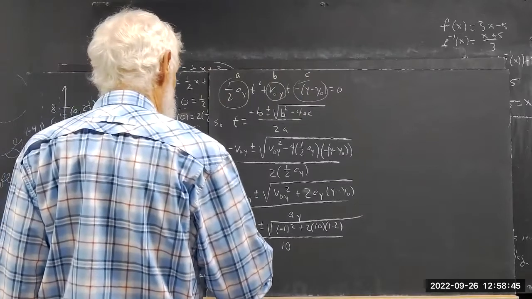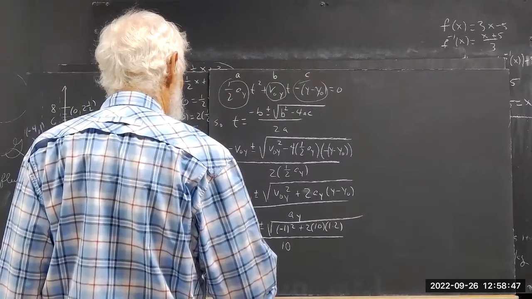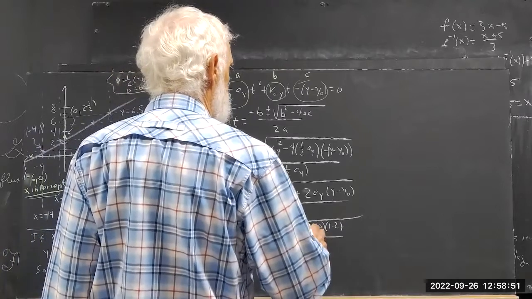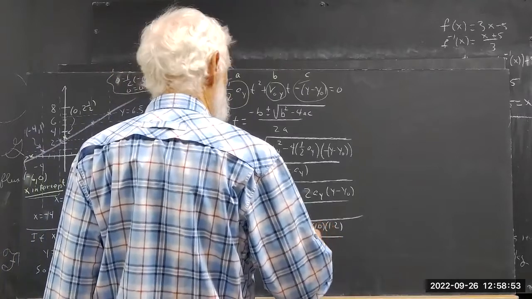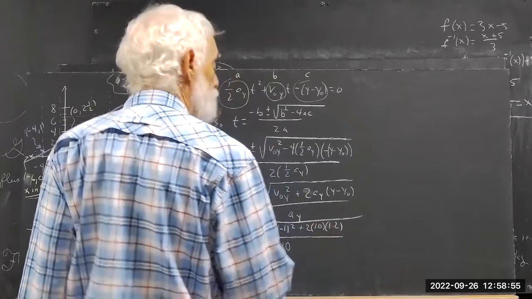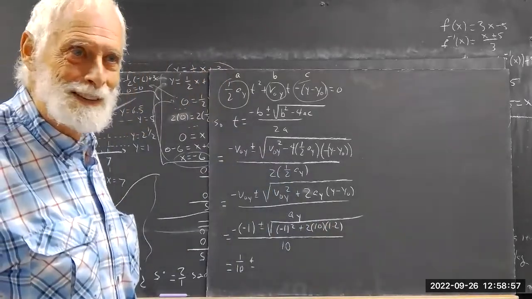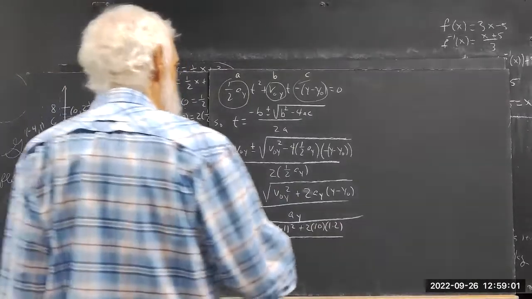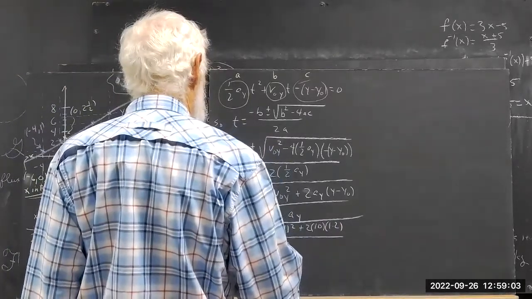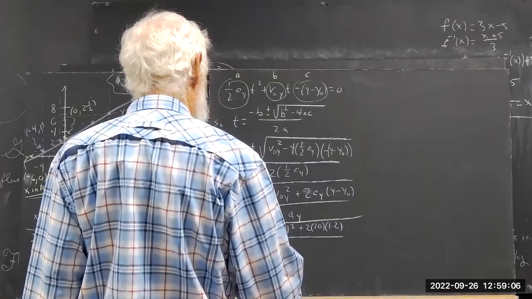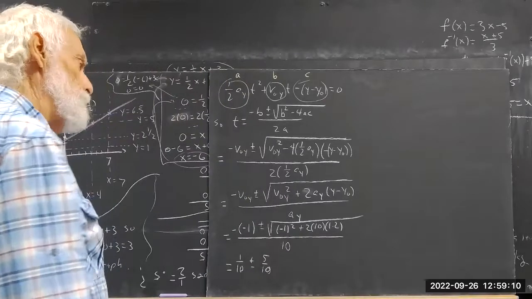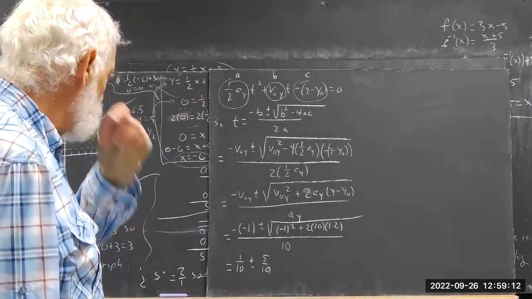So you get 1/10 plus or minus the square root of this, that's 24, that's 25. Oh boy, that comes out nice. I didn't set it up that way. The square root of 25, if I did my arithmetic right, comes out plus or minus 5/10.